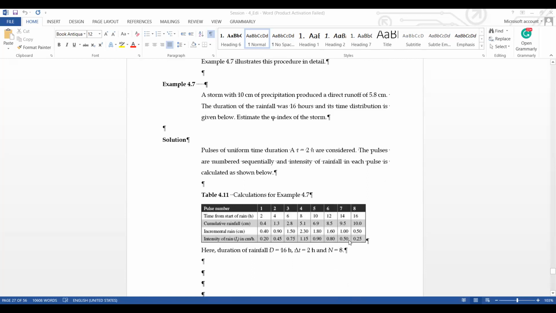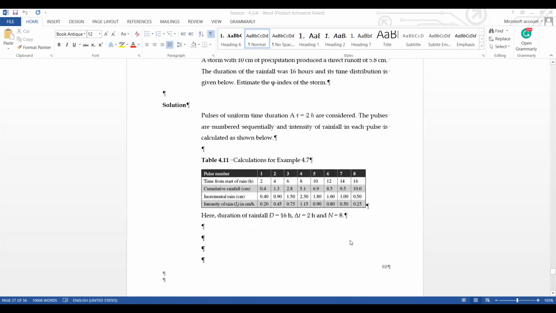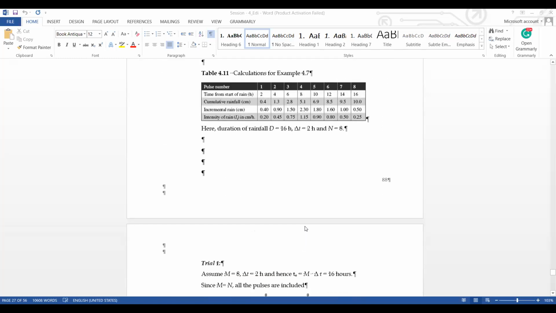Now, this is a great example, example 4.4, to understand this concept. What you need to do is calculate the incremental rainfall and the intensity of rainfall during that particular time period. I think you can understand it by yourself. The time period delta T is 2 hours, the total time is 8 hours, the interval is 2 hours, and the total number of pulses is 8.